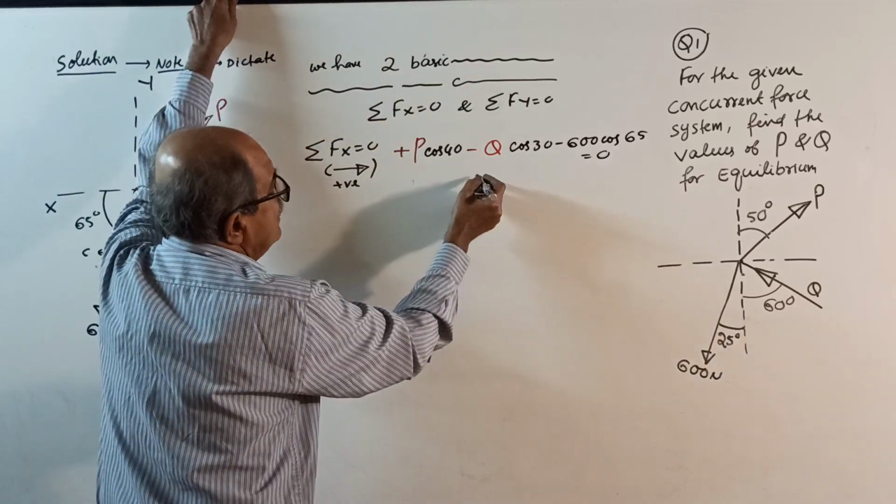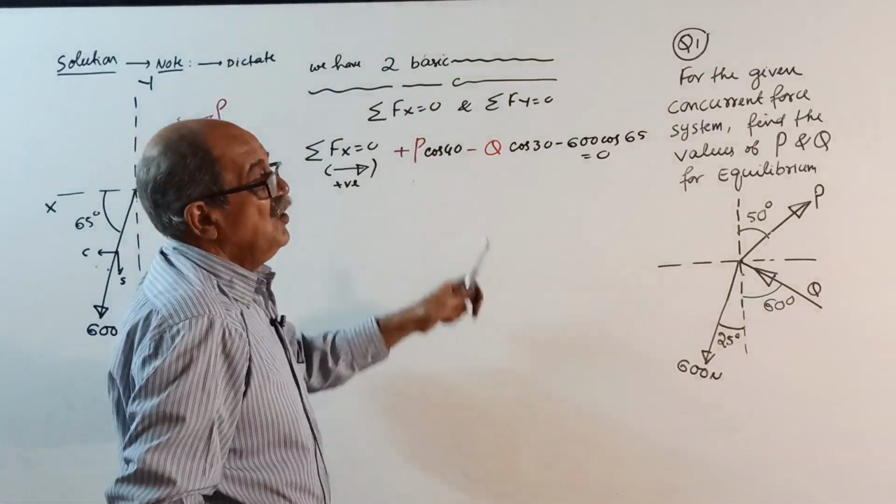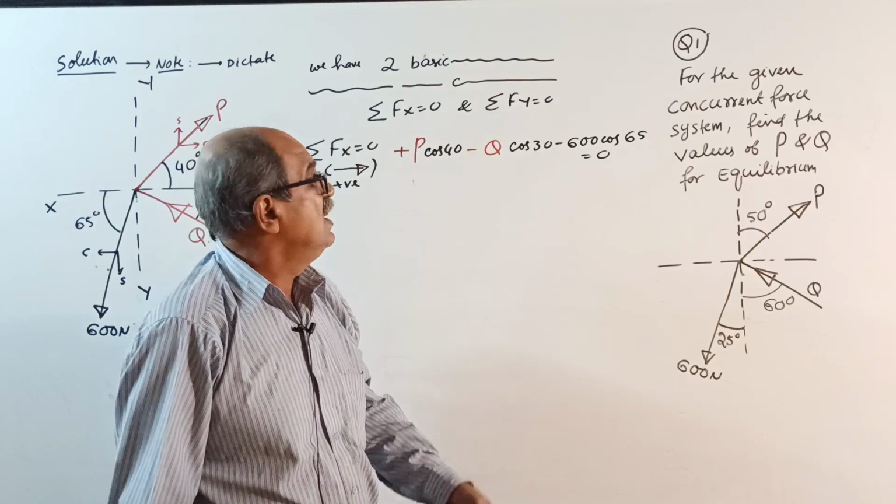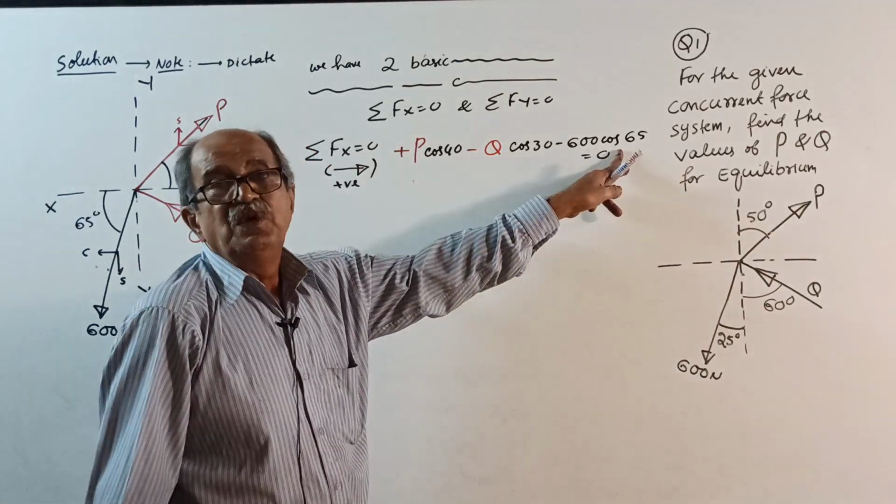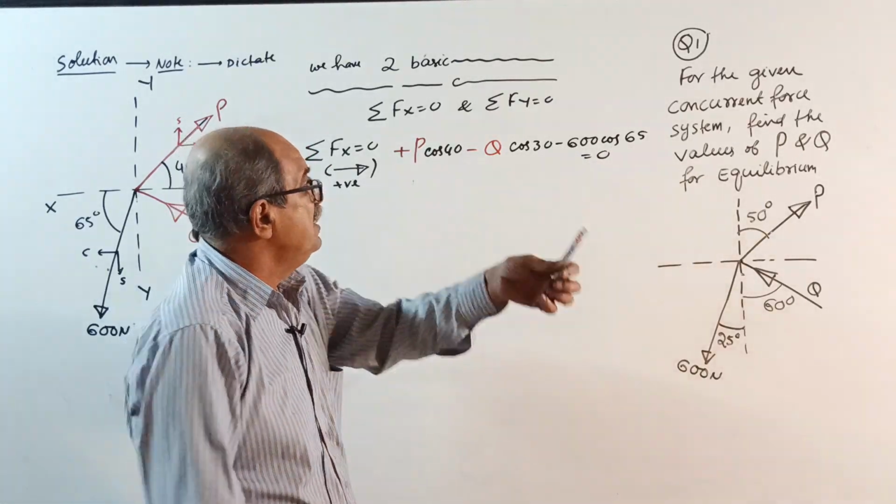This is your equation number 1. But remember, when you use a calculator for solving, what you require is that your constant should go to the right side. So rewrite here.